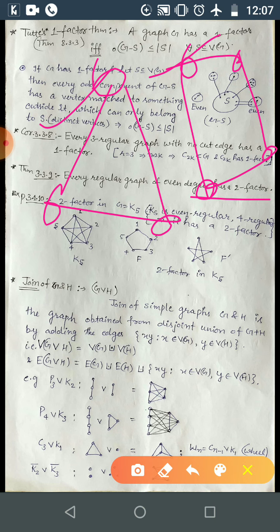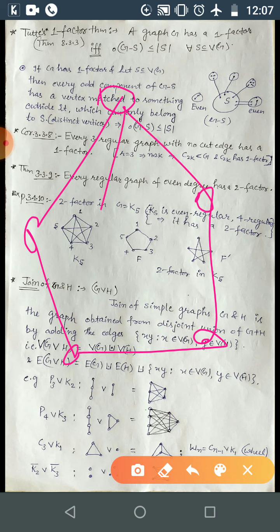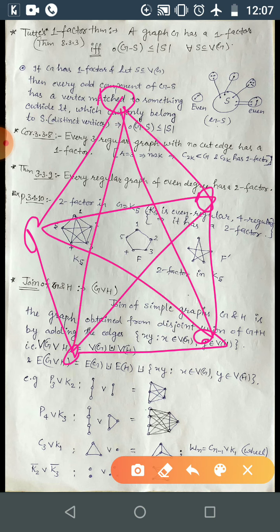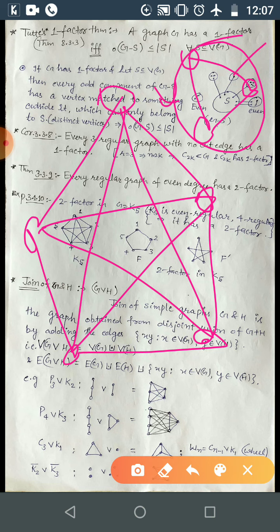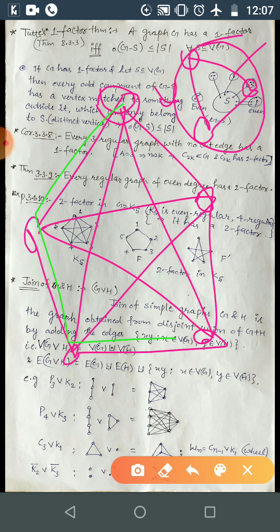If you have a 4-regular spanning subgraph, in case of K5, you can take a C3 in union with this one. From this component you can take the outside cycle, or you can take the inside one also, but this forms a 2 factor, correct. That is the 2-regular spanning subgraph of this one.